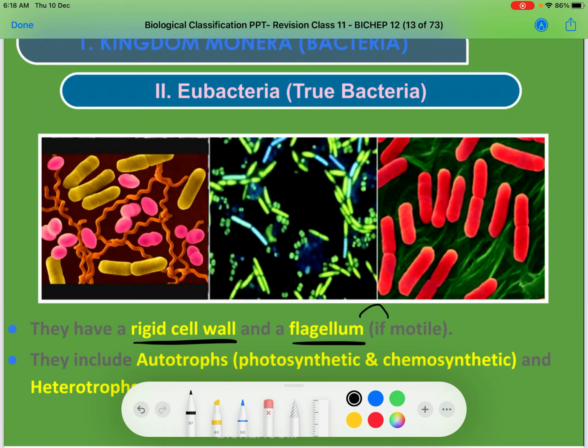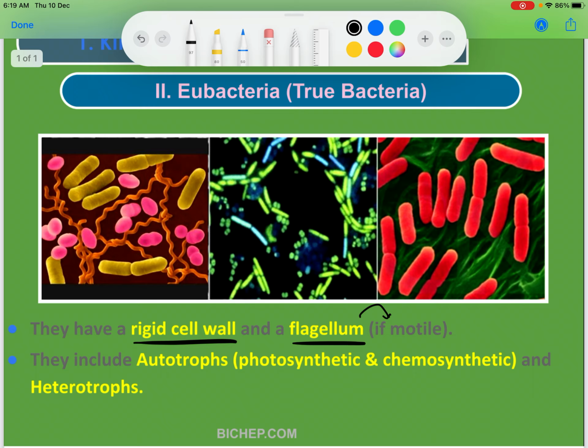So if they are motile, that is moving from one place to the other by swimming, then they must have flagella, and flagella are the locomotory component or part of the organism.